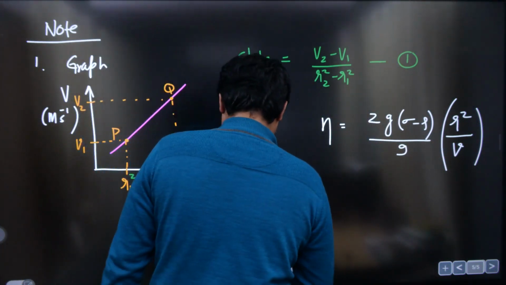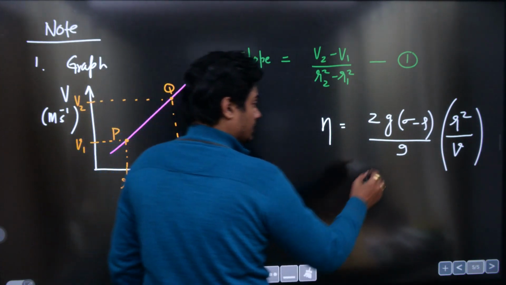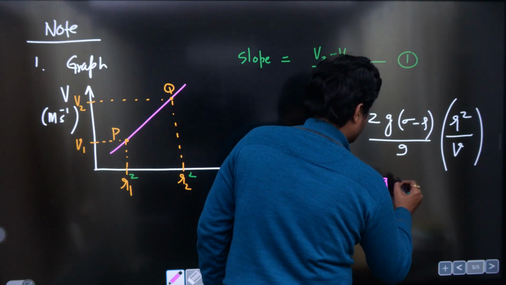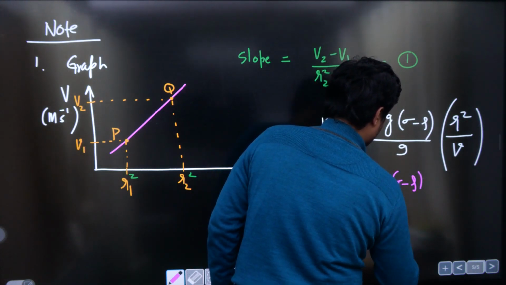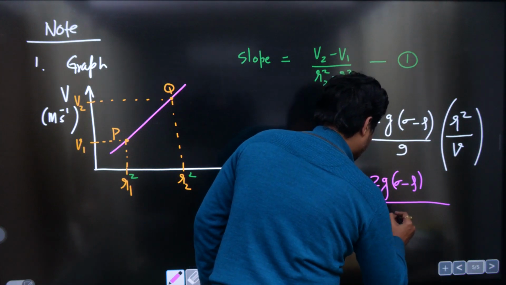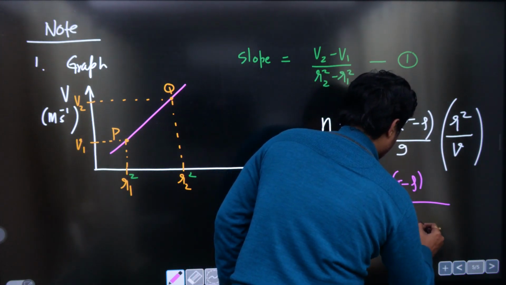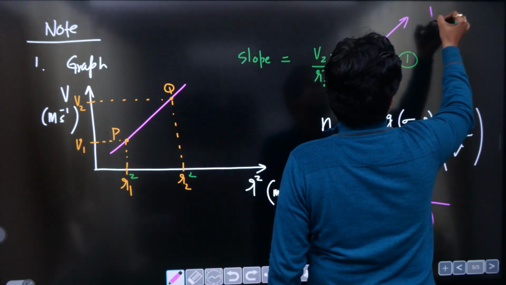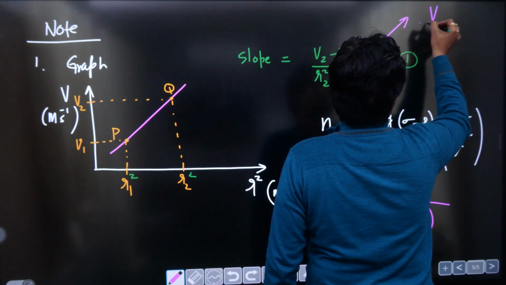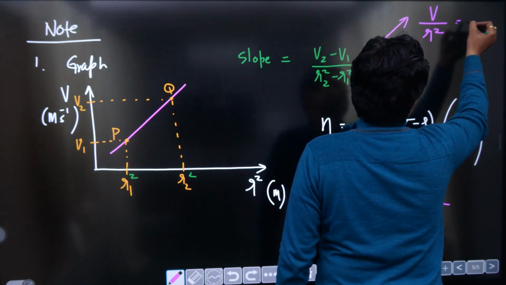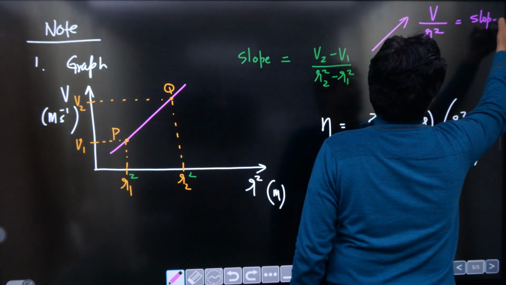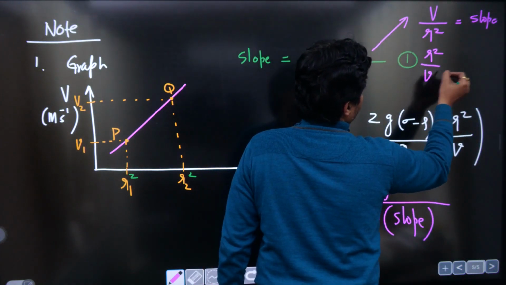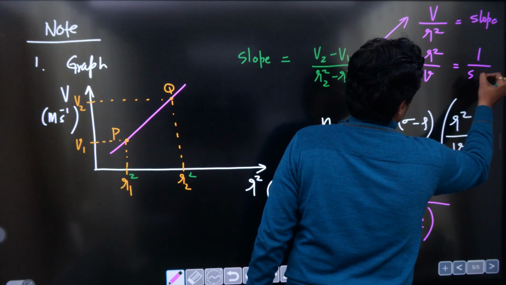So if I rewrite it, this can be written as eta equal to 2g (sigma minus rho) upon 9 times slope. So basically this can be visualized as: the slope is v by r square. This is the slope. So now because you have r square by v, hence r square by v is 1 by slope.